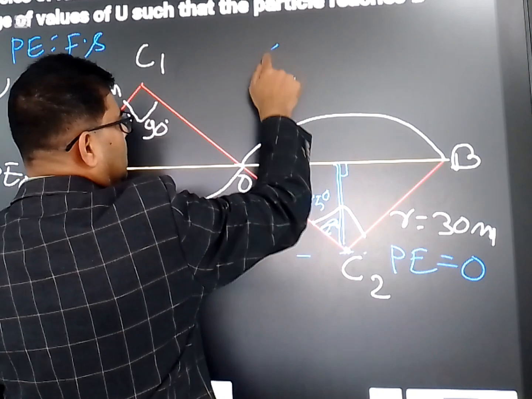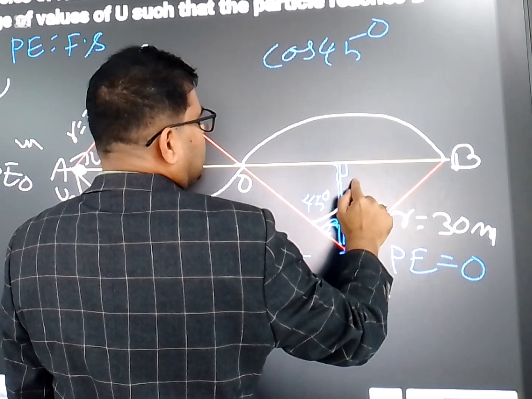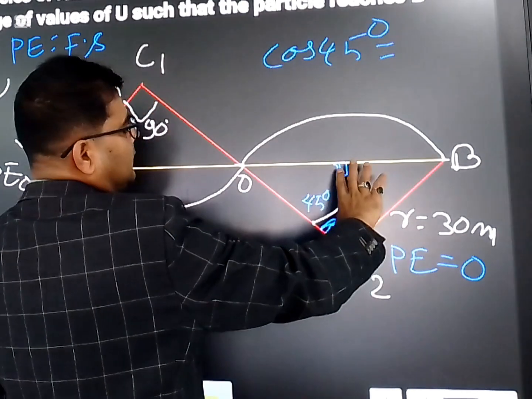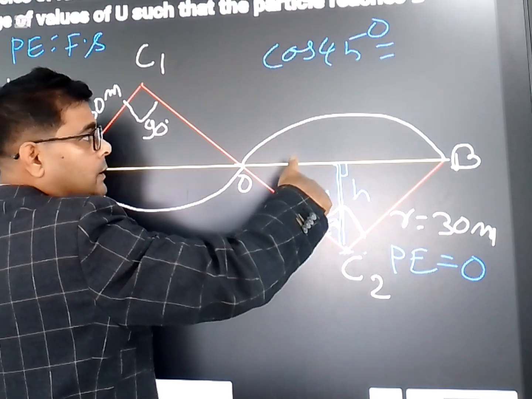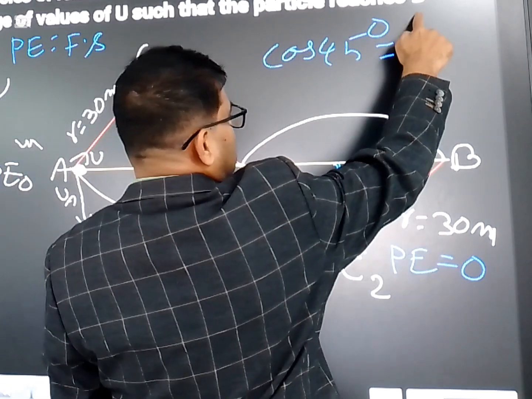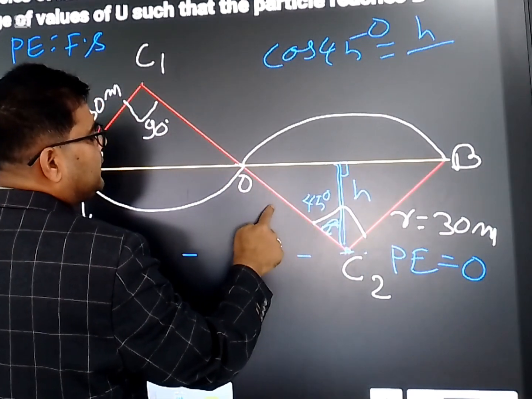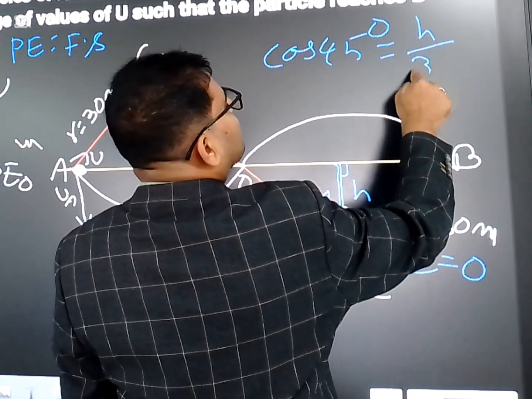So what you can see, cos 45 degrees, you can call this h. Cos 45 degrees is in fact the adjacent side by the hypotenuse. The adjacent side at this point is h, and the hypotenuse is the radius. In fact, this is 30 meters.